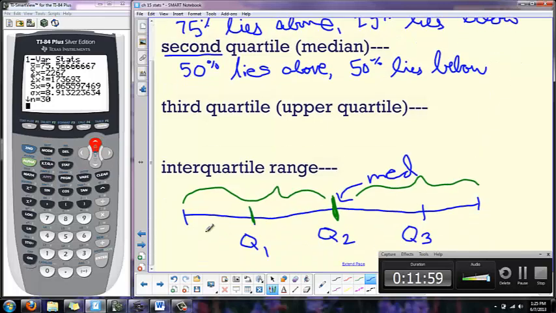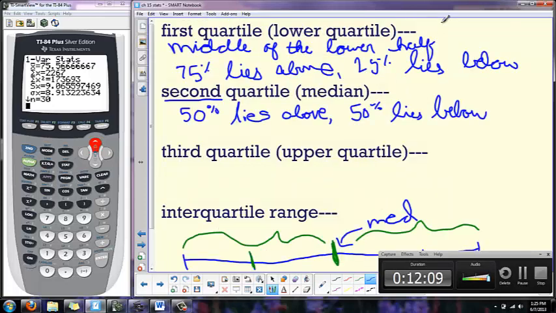Okay, because this is 25% of all of our data points. That's 75%. So 25% lies below, 75% of it lies above it. And we actually call this the lower quartile, which is actually the 25th percentile.